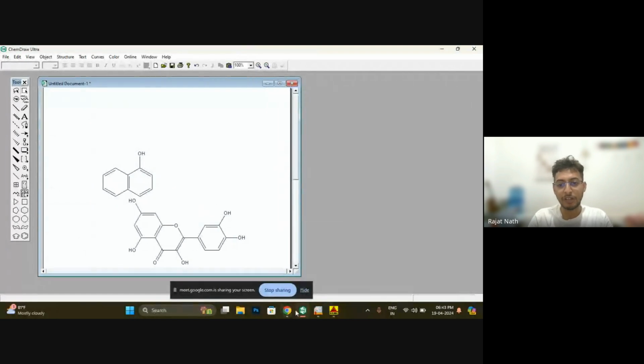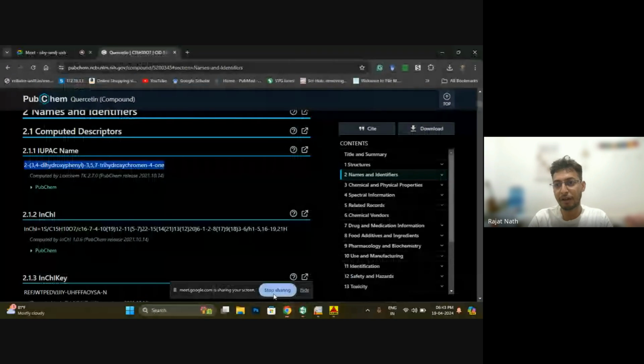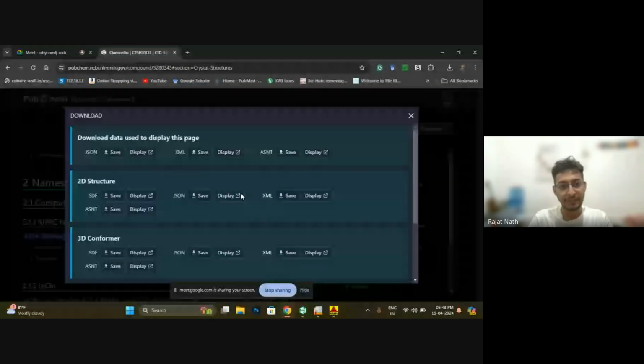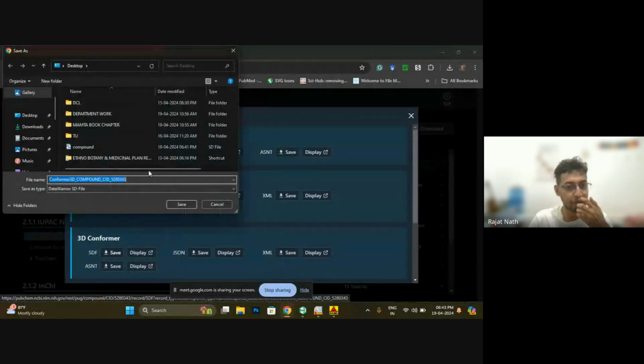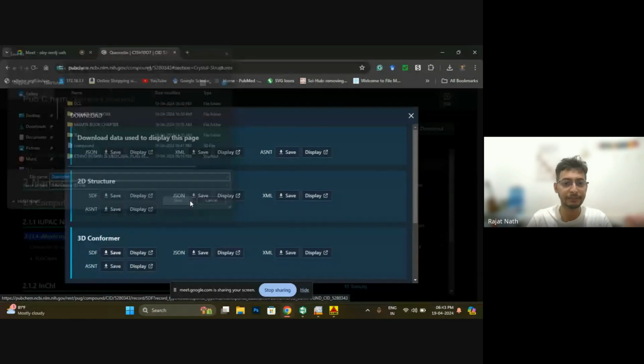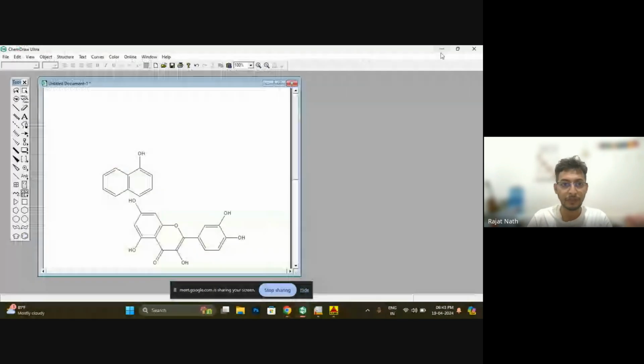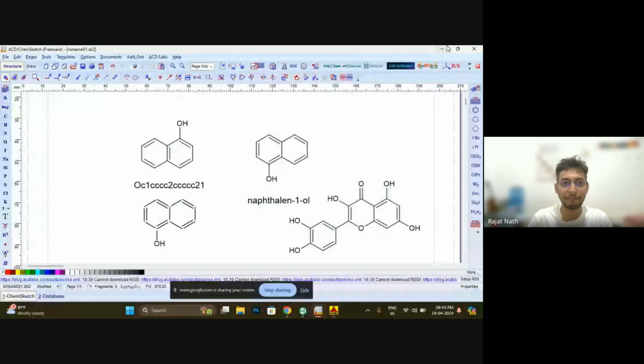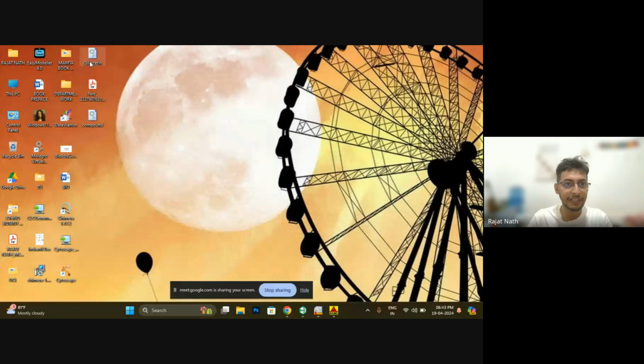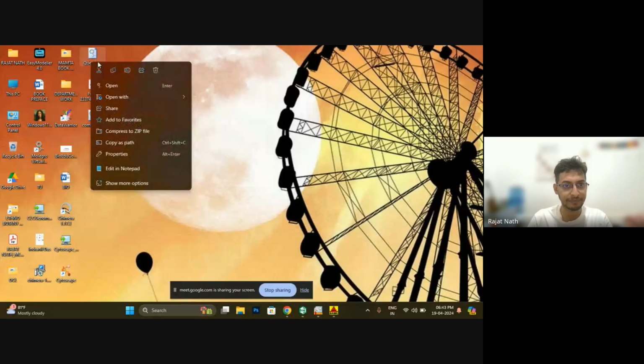Okay. To download the structure, just go to the download option, select the 3D conformer and save as SDF. It will be downloaded. I am writing its name as quercetin and saving it. After saving, I will right-click it and open with Notepad.